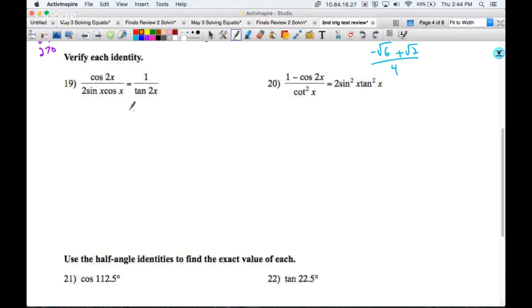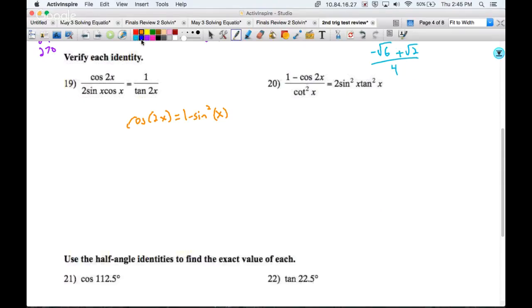One identity that I think I'm going to use is this one here. Cosine of 2x equals, which one would work best? Yeah, cosine of 2x equals 1 minus sine squared of x, just straight off the purple sheet.